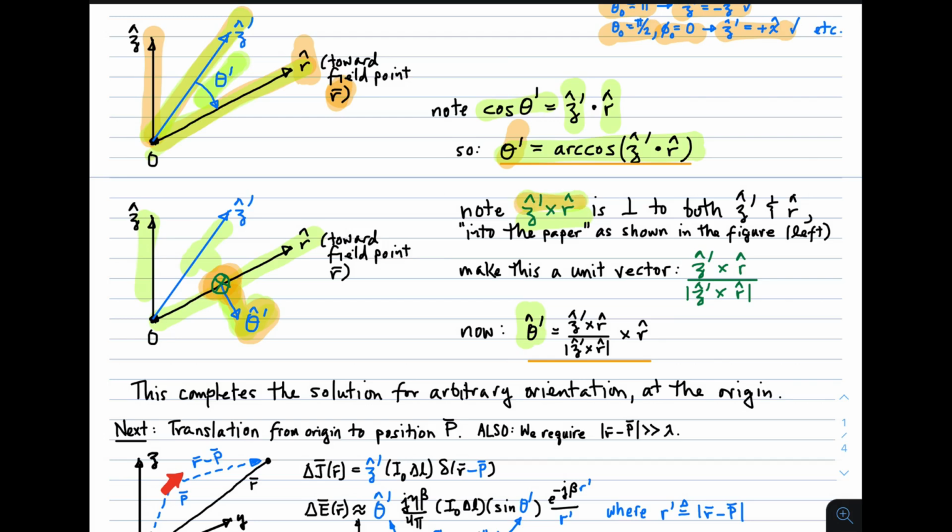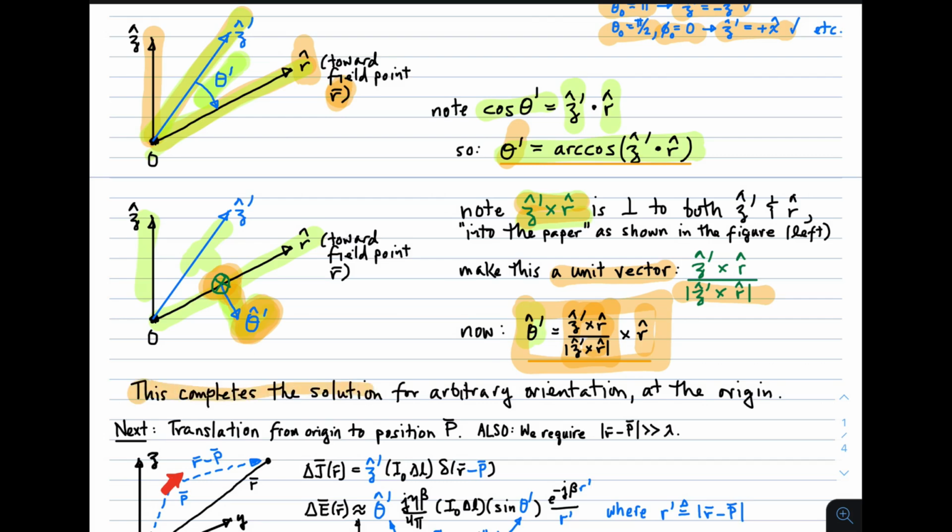So the scheme is first we find this vector, we convert it into a unit vector by dividing by its magnitude, and then we take that result and take the cross product with r hat to get theta hat prime. That's the trick. So this is a general expression which will give us theta hat prime being the orientation of the electric field for this current moment, which is pointing in the z hat prime direction.